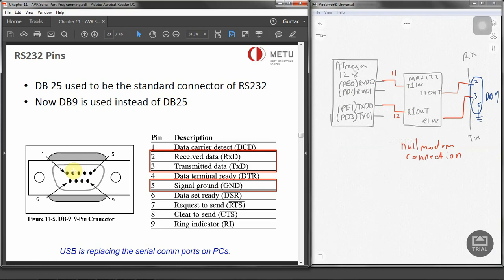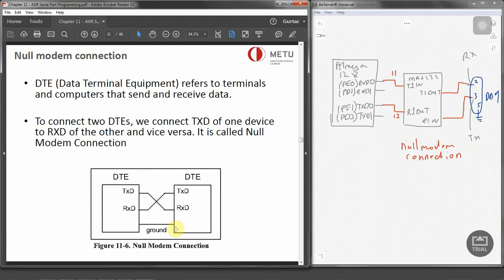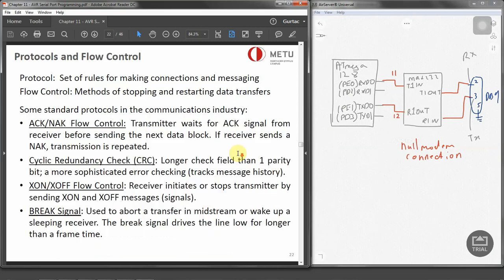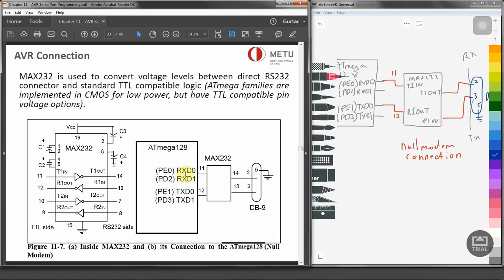Okay, so going back to our slides, make sure that you always satisfy this null modem connection. And if you go back, this is the MAX232 inside, so T1 in is over there, and then pin 12, which is R1 out, is there, so that's connected to the transmitter side and that's connected to the receiver side. On the other side, pin 14 T1 out is connected to the receiver pin of DB9. Just label those as well.